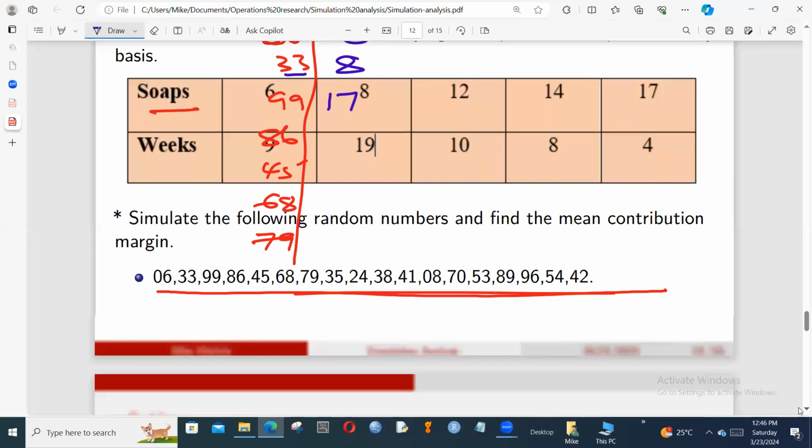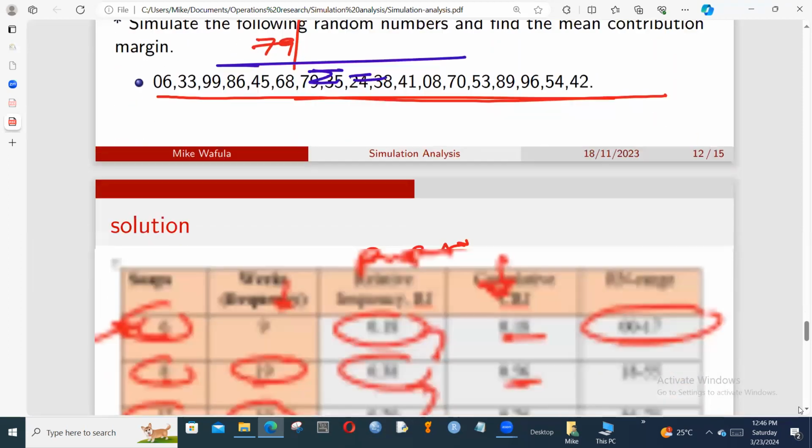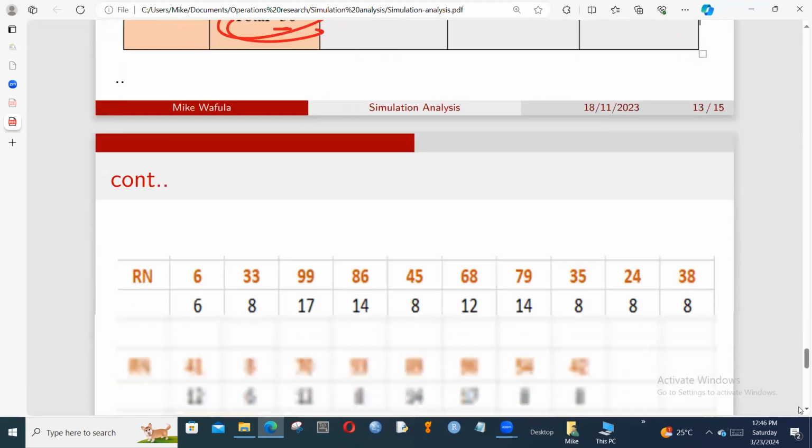Then of course you even get the sum of SOPs being bought. And if you want to get the mean, you can do that. If the SOPs are being bought at a particular price, and you know the cost of producing, you can now calculate.